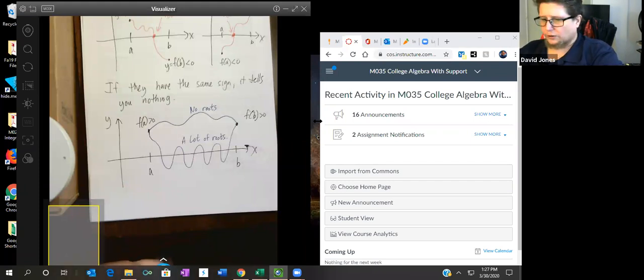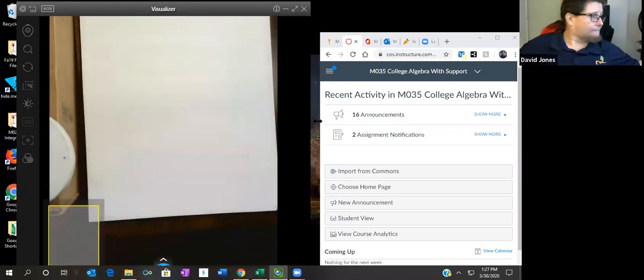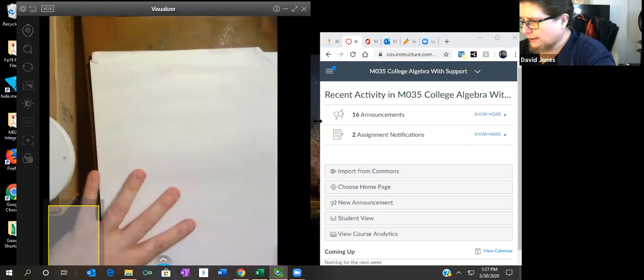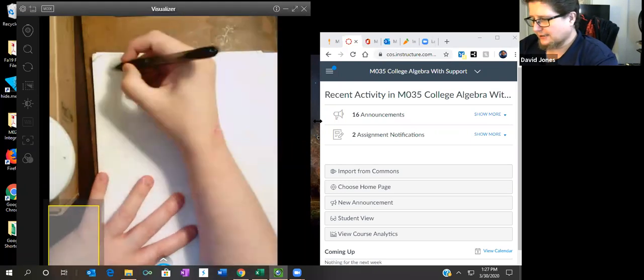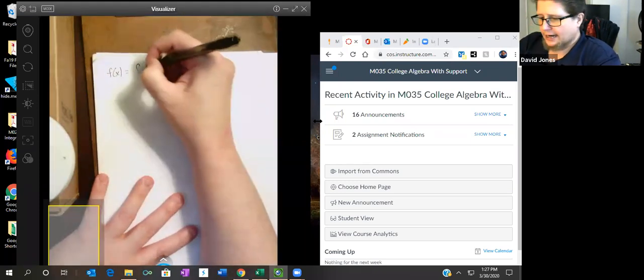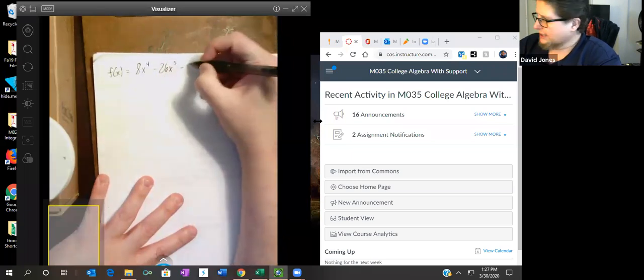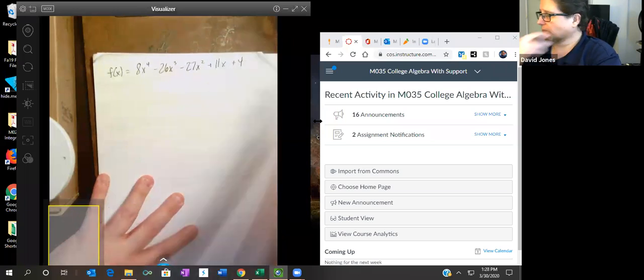All right, so let's put these three ideas all together and go look at that last function we did. We've already written down the roots. We had f of x equals 8x to the fourth minus 26x cubed minus 27x squared plus 11x plus 4.